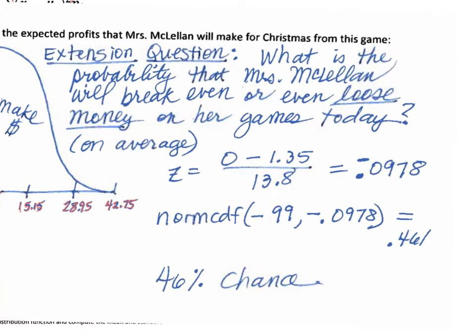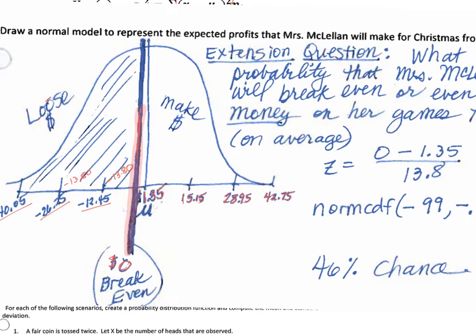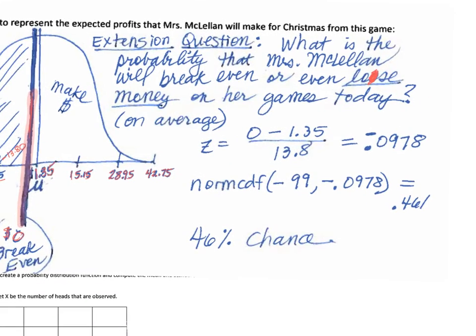What is the probability that McClellan will break even or even, oh, you know what? Sorry, these are supposed to be lose money, not loose money. I'm going to lose money, not loose money, by the way. Sorry. What's the probability that I will break even or even lose money?